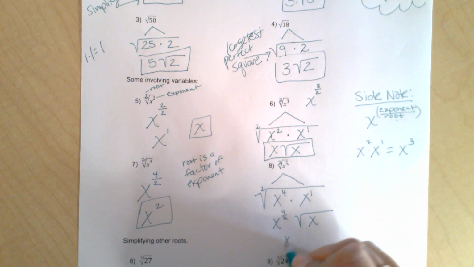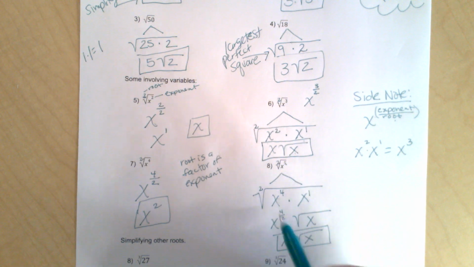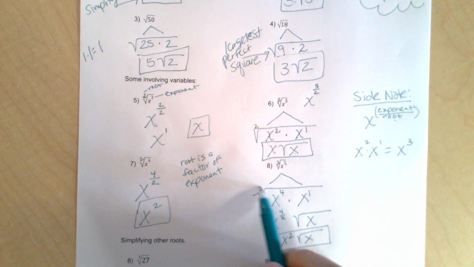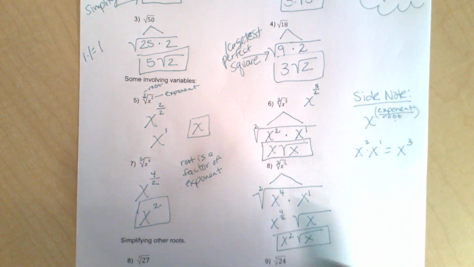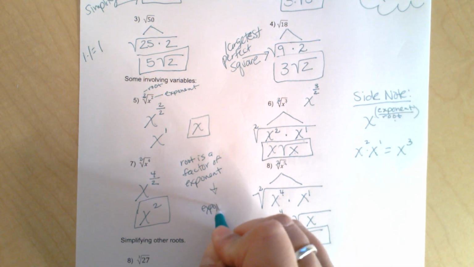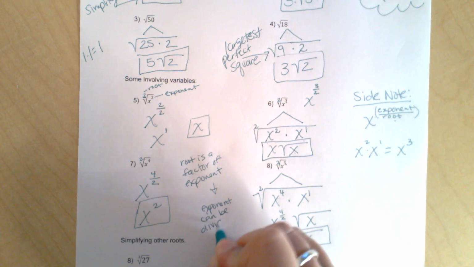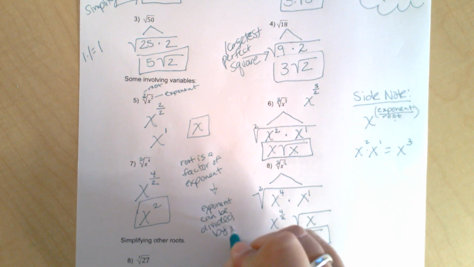We can simplify, so this is x squared times the square root of x. So we're really looking for these to be able to be divided. The exponent has to be divided by the root. So if you want to think about it like that, the exponent can be divided by the root.